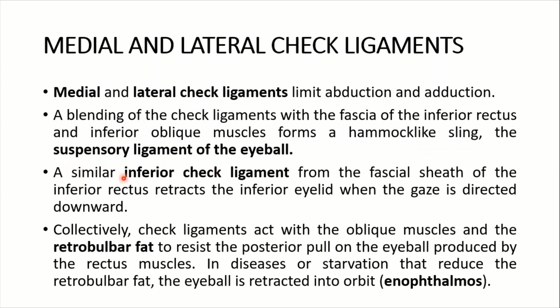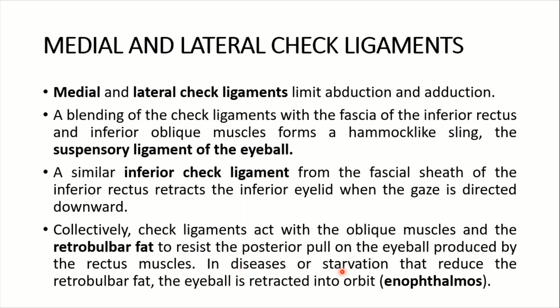A similar inferior check ligament from the fascial sheath of the inferior rectus retracts the inferior eyelid when the gaze is directed downwards. Collectively, check ligaments act with the oblique muscles and the retrobulbar fat to resist the posterior pull on the eyeball produced by the rectus muscles.